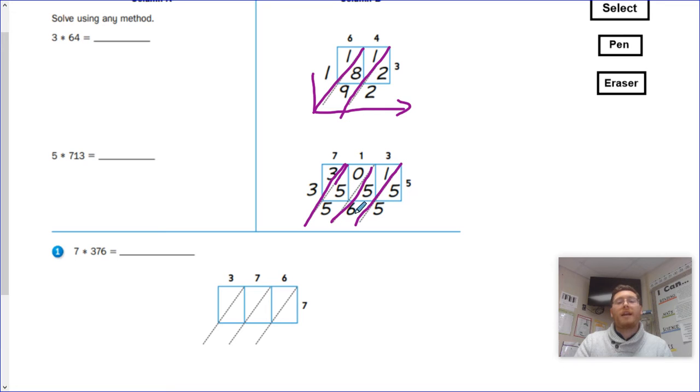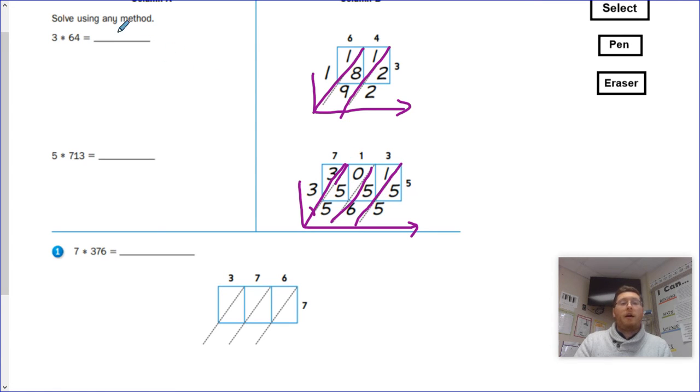I add those together, I get 6. In between these two lines, I have a 5 plus a 0. That equals 5, so I bring down 5. And then anything above this line right here, I'll just bring down my 3. So my answer is 3,565. Okay, and then I could put like a little comma if I wanted to.